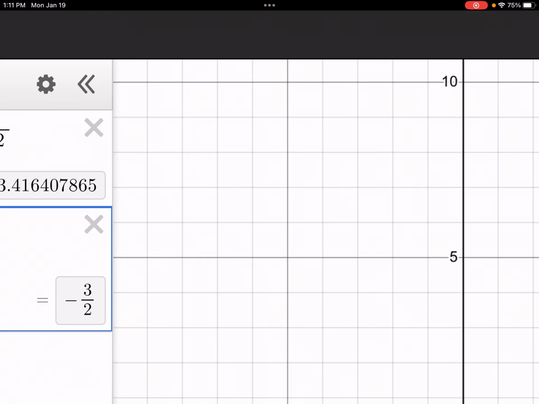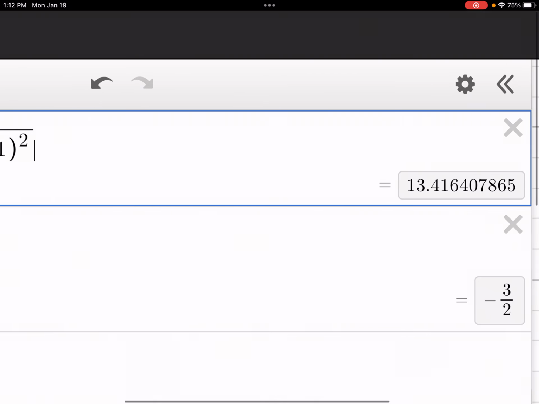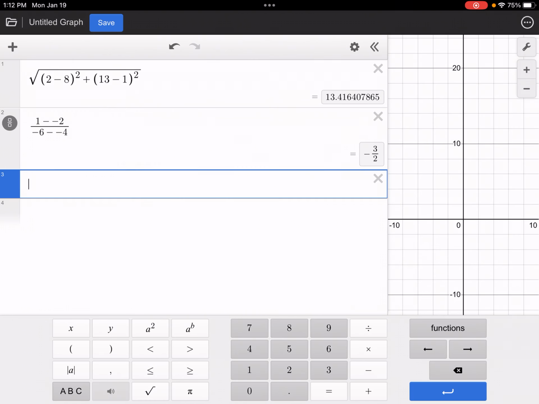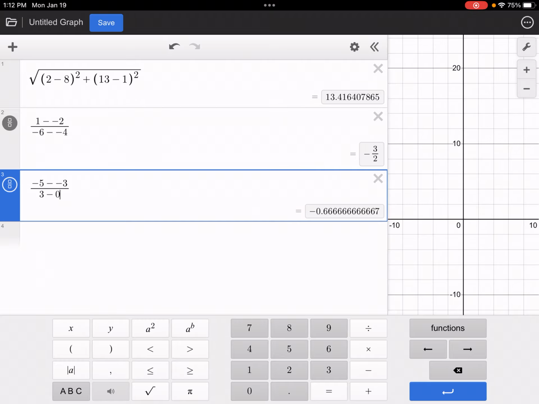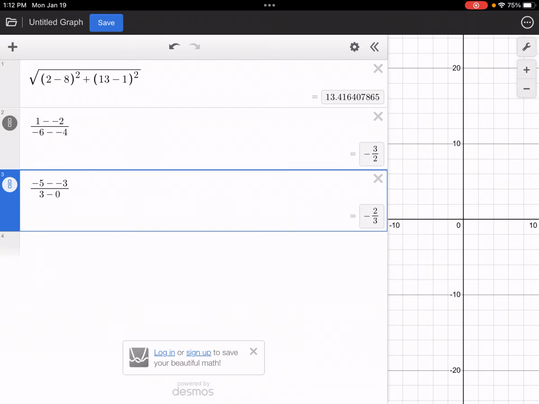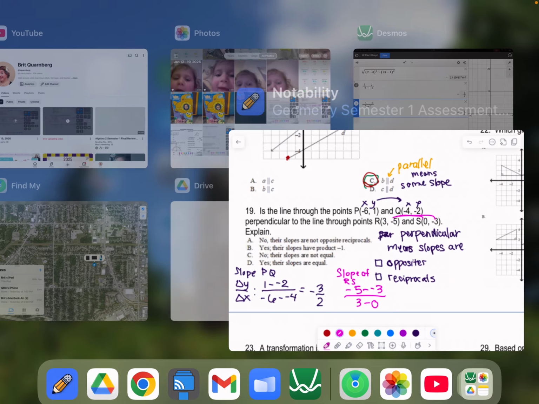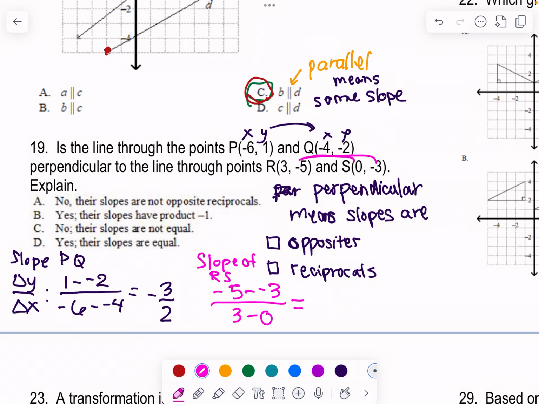Okay, so I can do the fraction button and then -5 subtract -3 and then 3 subtract 0. Do a fraction and that's -2/3 equals -2/3.